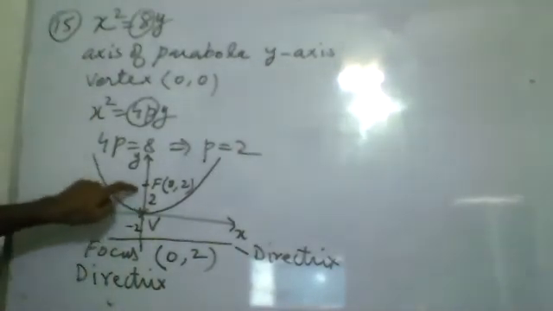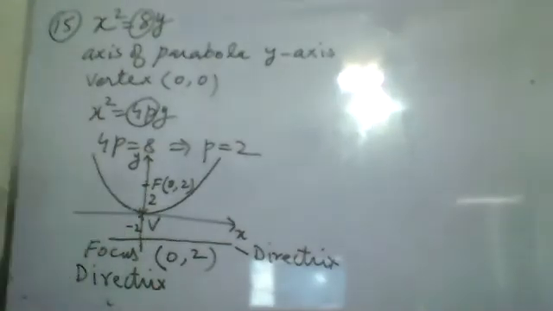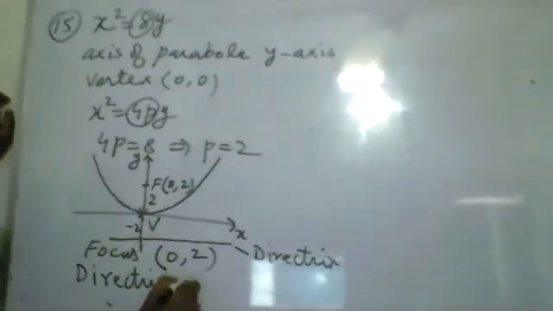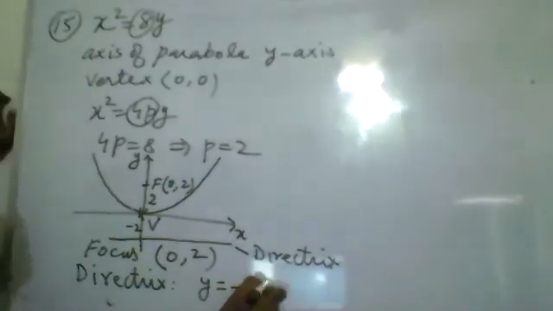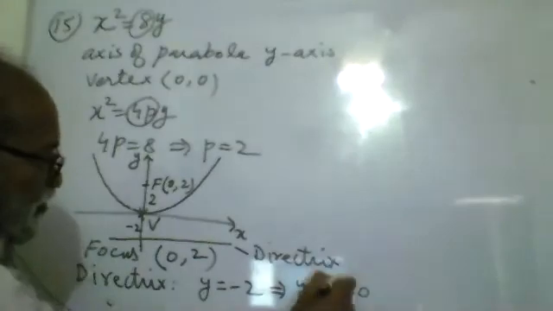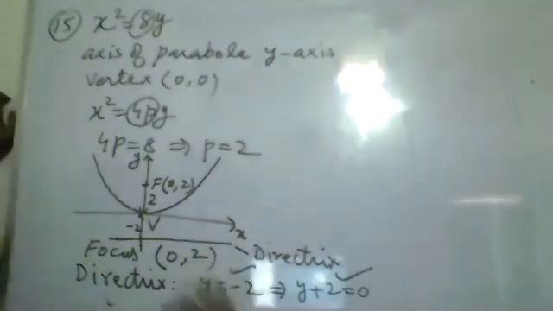This is positive 2, this is negative 2. So y is equal to minus 2, or y plus 2 equal to 0. You may write it in either way, both are correct.